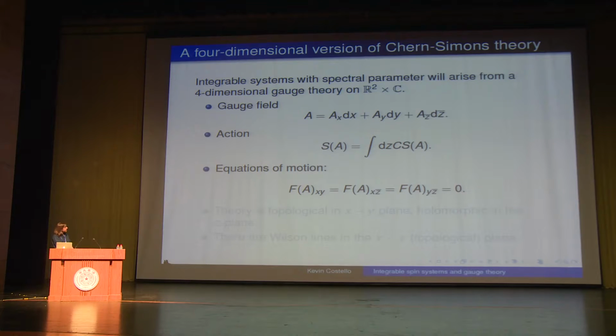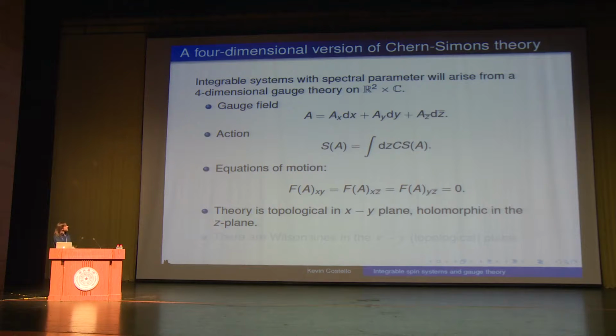Now, if one varies the gauge field A, one finds the equations of motion, which tell us that in the xy plane, the connection is flat. In the z plane, we have a holomorphic, we have a d-bar operator, and then there's a compatibility between that holomorphic connection and the connection in the xy plane, which is expressed by these two equations. Now, the resulting theory is a mixture of a topological theory and a holomorphic theory.